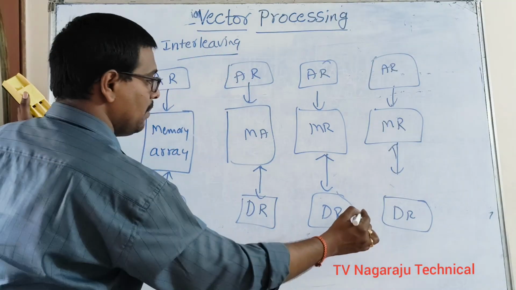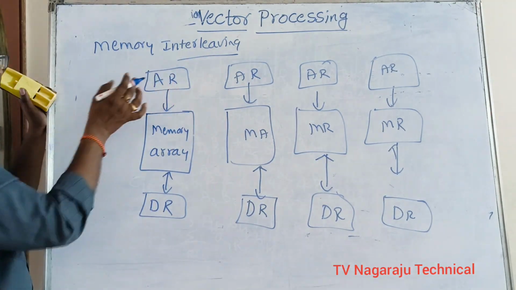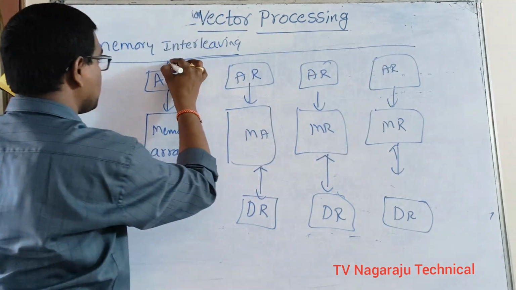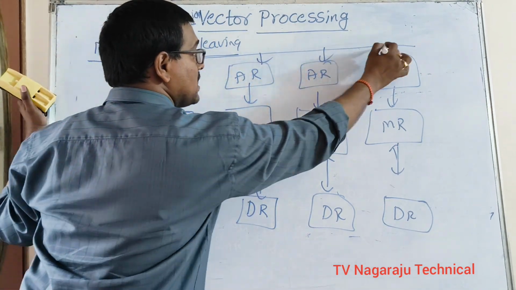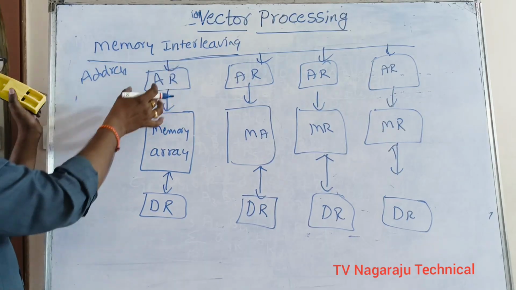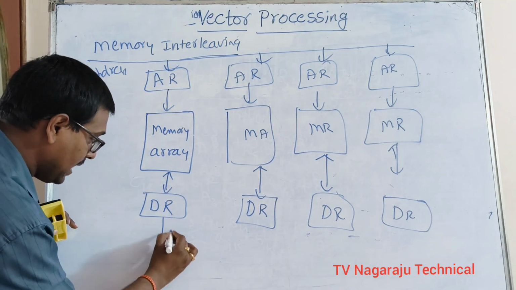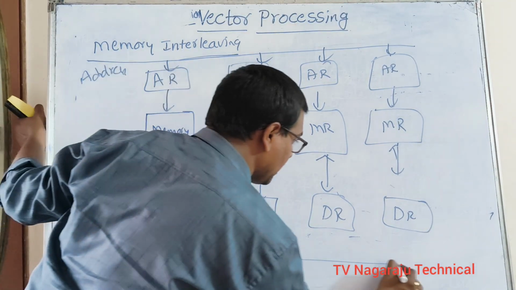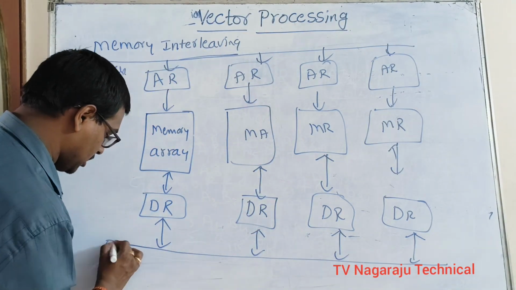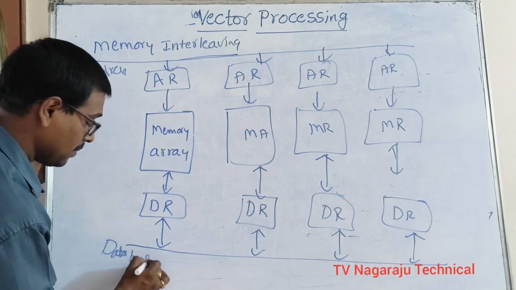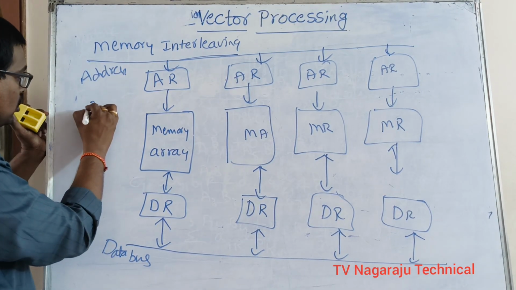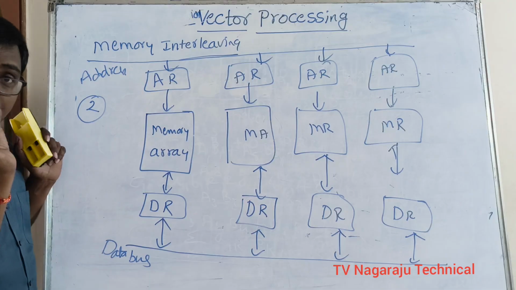Here each memory module contains memory array, address register, which is connected to an address bus which receives the address information, and data register is connected to a bidirectional data bus.